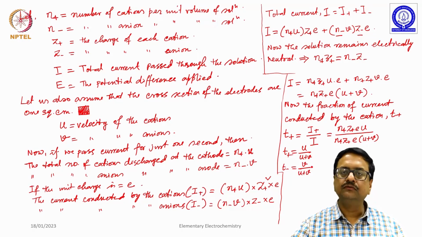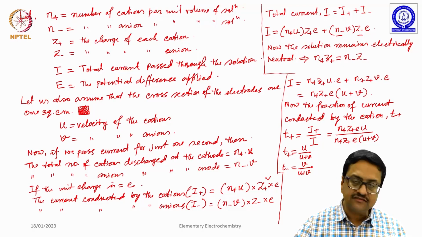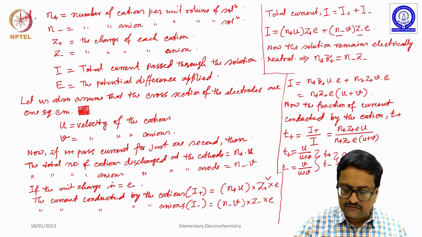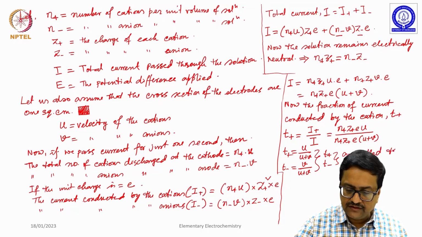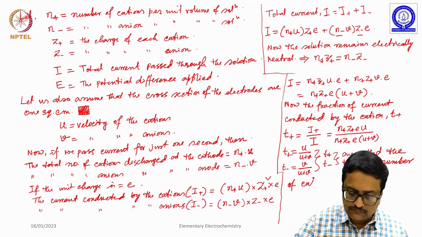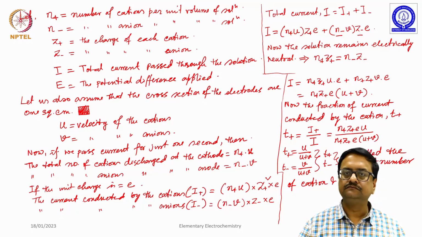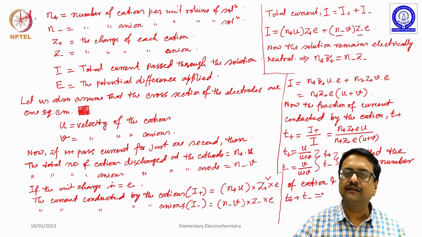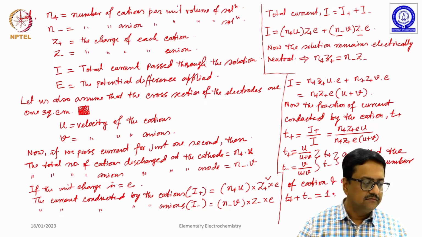So, what are these two quantities, T plus and T minus? These quantities T plus and T minus are called the transport number of cation and anion. And what we see, T plus plus T minus, if you do that, you end up getting 1.